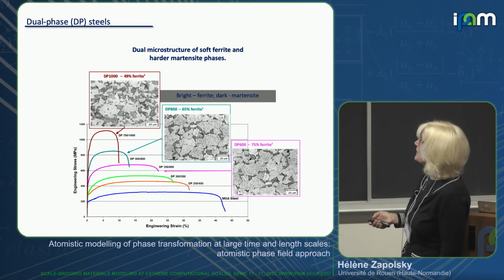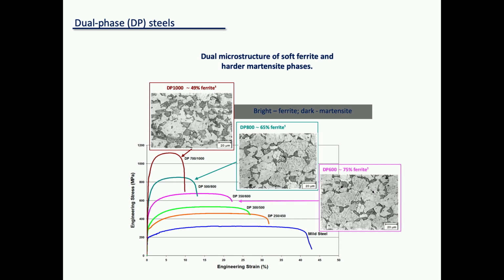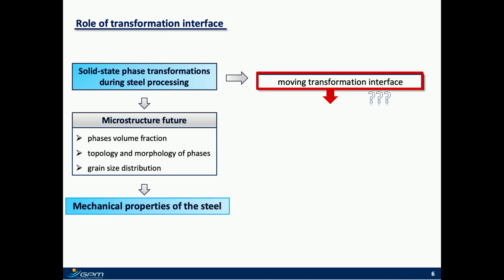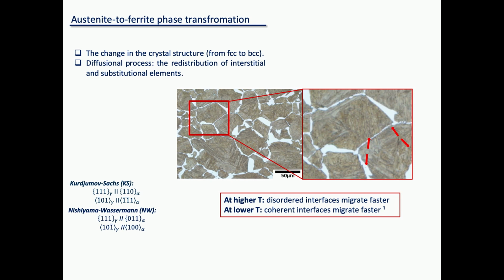Okay, just to show you that for the duplex steel, where we have a mixture of the ferrite and austenite phase, we can calculate, I will not go into more detail, the segregation of the solute atoms at the different interfaces between the FCC and BCC phase.